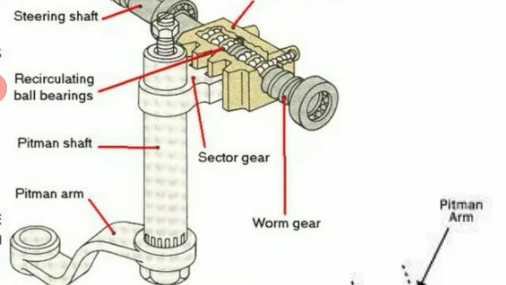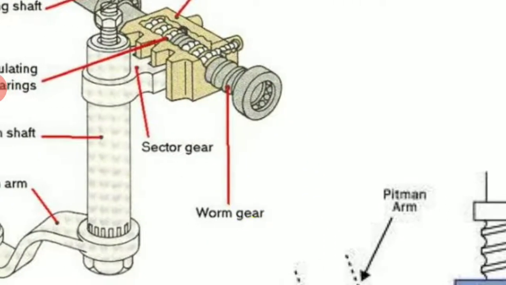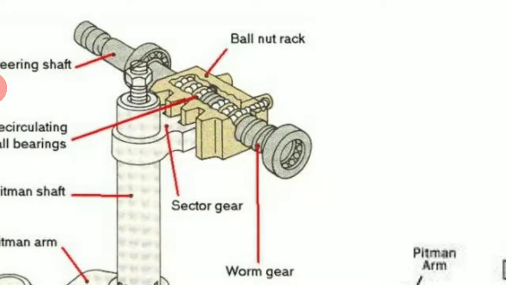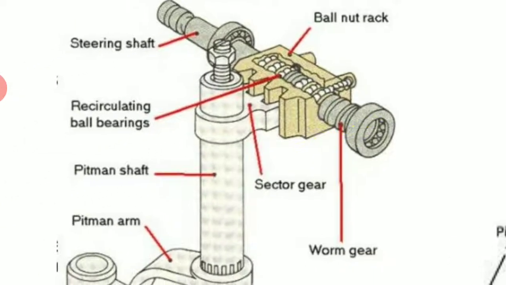When the steering shaft is rotated, the sector gear, the ball nut rack and the steering shaft are provided here. The worm gear is attached to the steering shaft, so it will rotate.